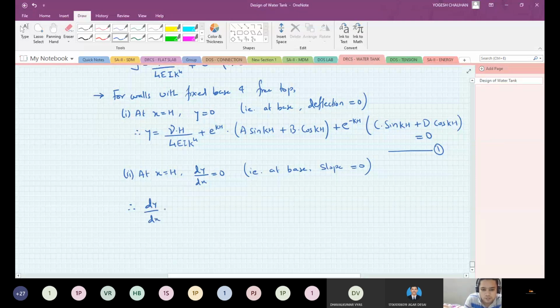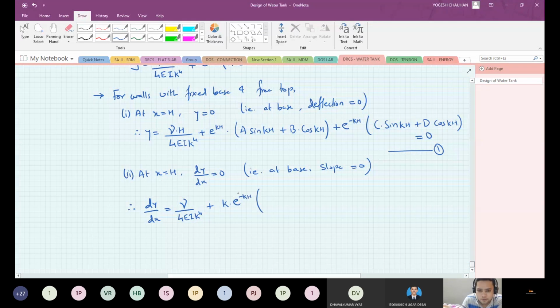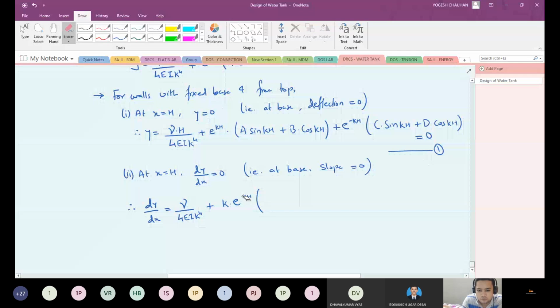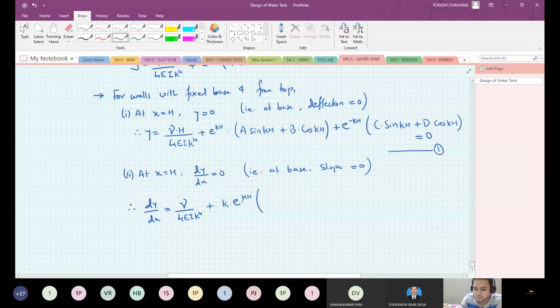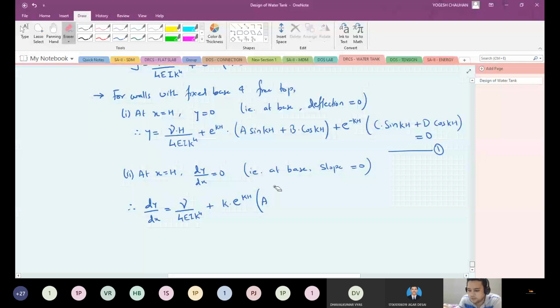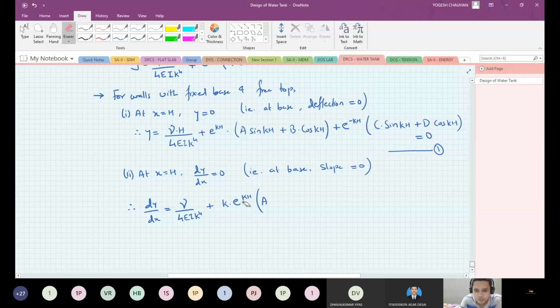So therefore dy by dx is equal to gamma by 4 E I k to the power 4 plus k times e raised to the power kh. Let us first differentiate this and keep the other term as it is.